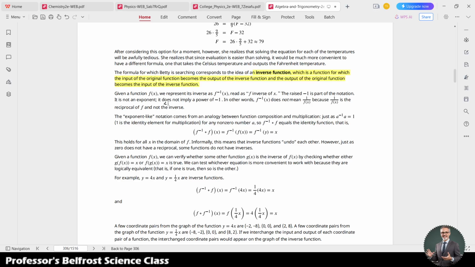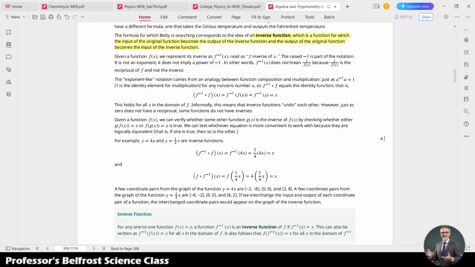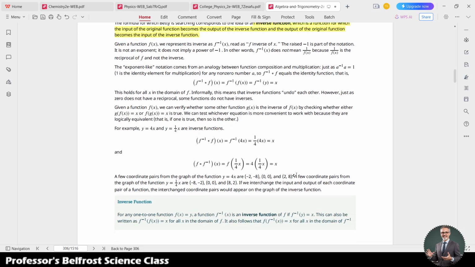So this is not a power of minus 1. I always say minus 1. This does not mean 1 over f(x), because 1 over f(x) is just the reciprocal of f and not the inverse. So what it means is that f inverse of f(x) equals x itself, okay.